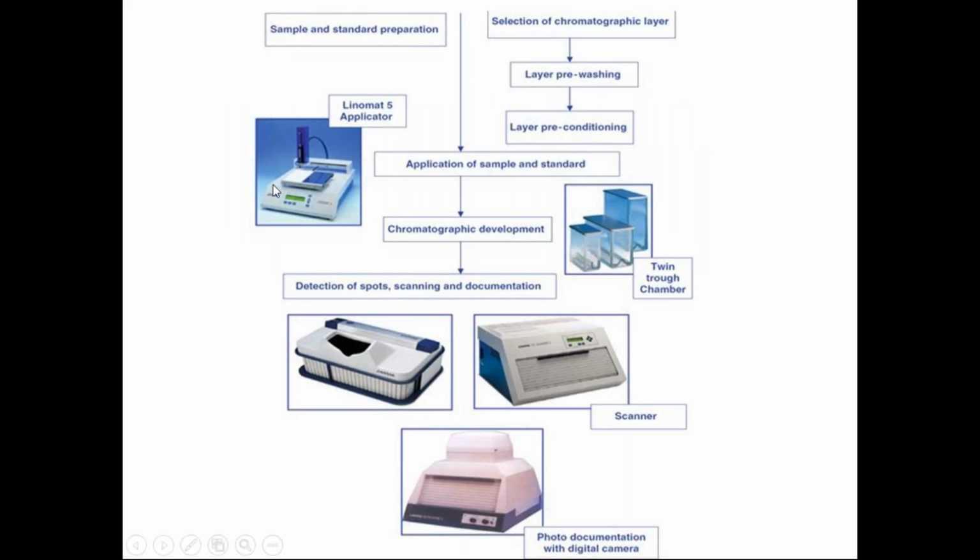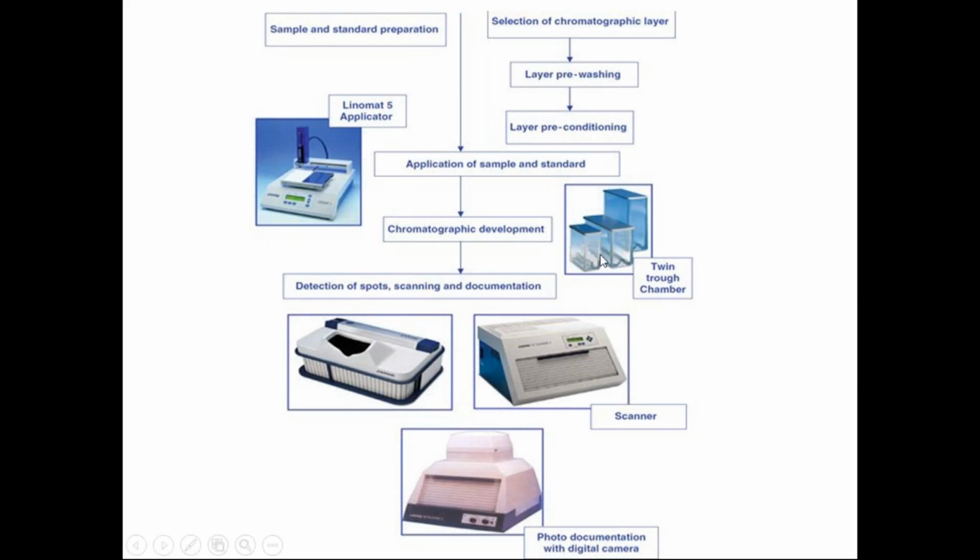You have a sample with the standard preparation. You have the pre-coated plates which can be activated, and you have automated sample applicators. So they will apply the sample, the precise quantity in the precise location, that is in a precise diameter.